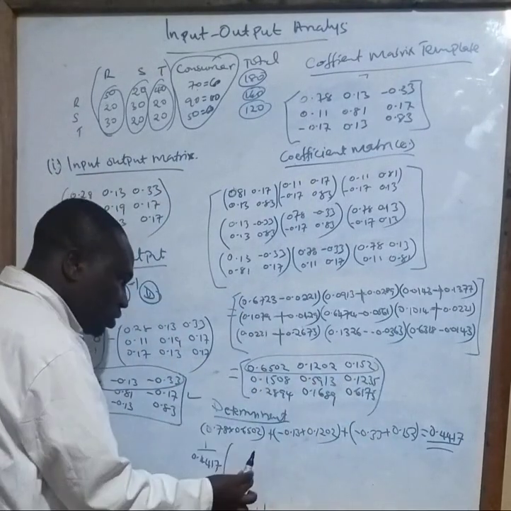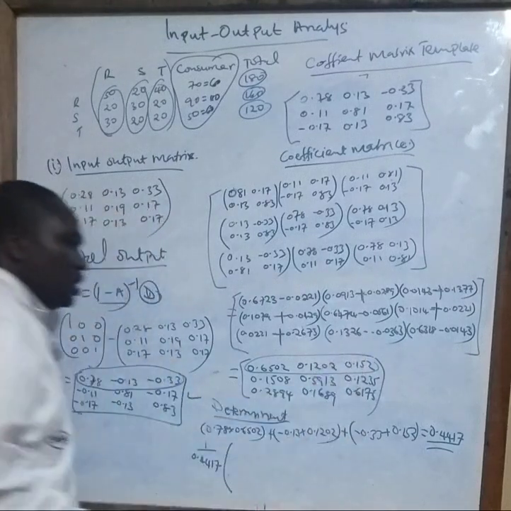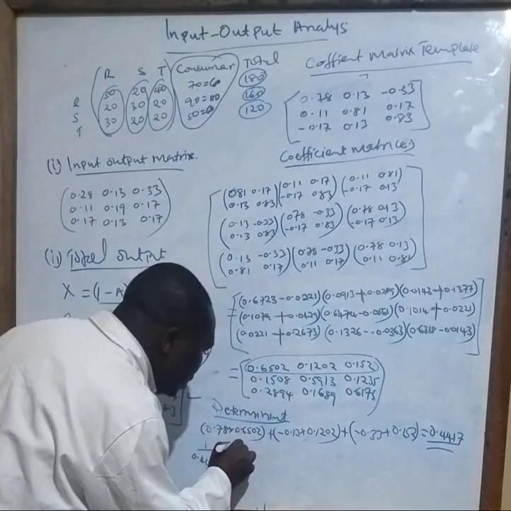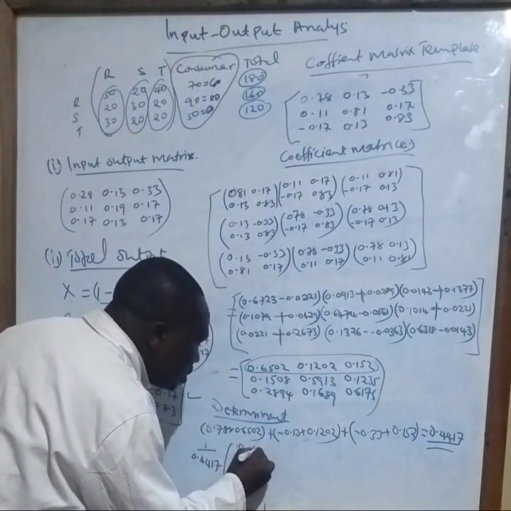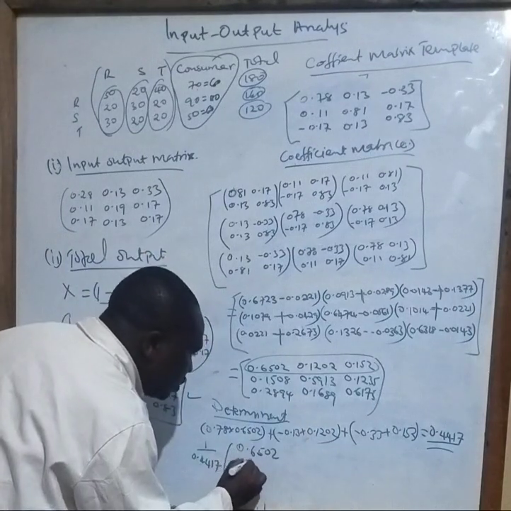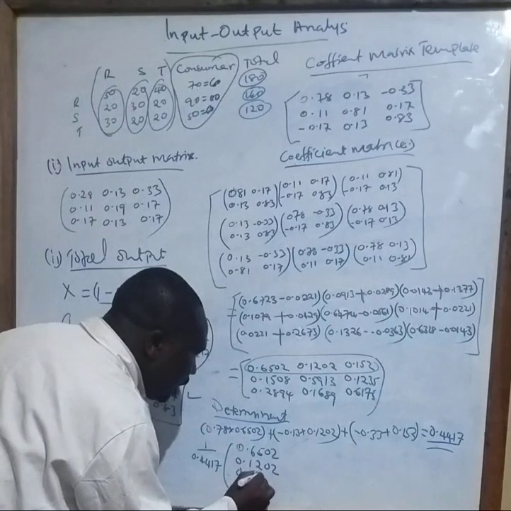How do you get the inverse here? The first row becomes the first column, the second row the second column, and the third row becomes the last column. So your work will be very simple. So interchange, this one will give you 0.6502, this one gives you 0.1202, then 0.152.